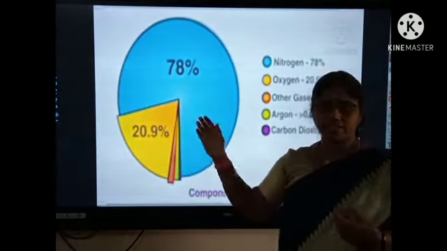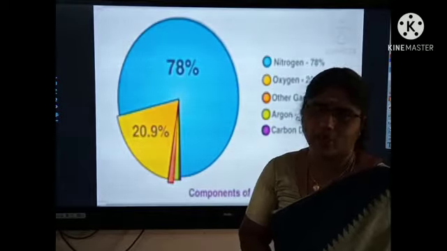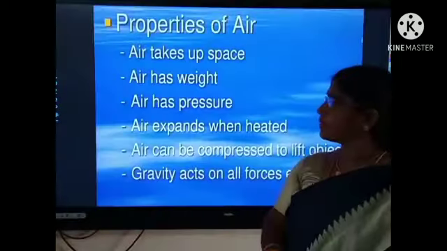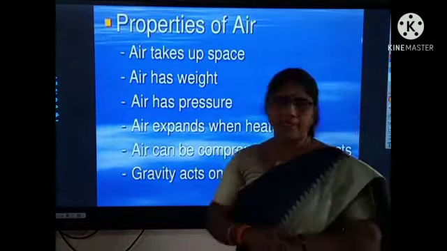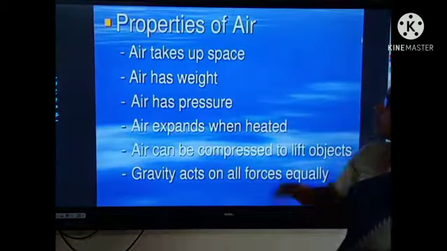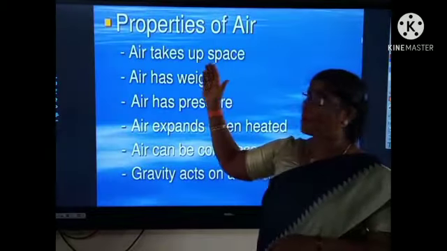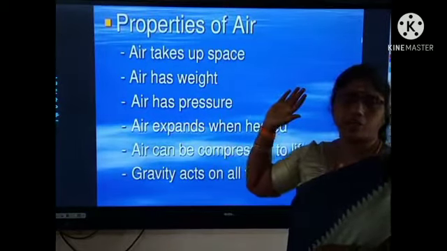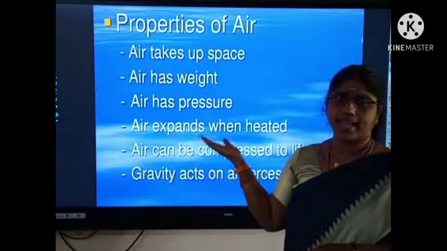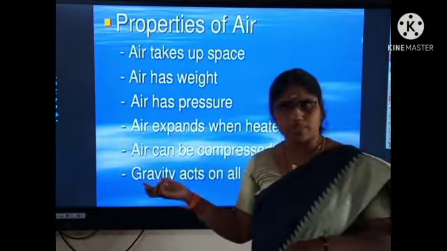Now let's see the properties of air. First, air takes up space. You already learned from the lower classes: air has weight, air occupies space.